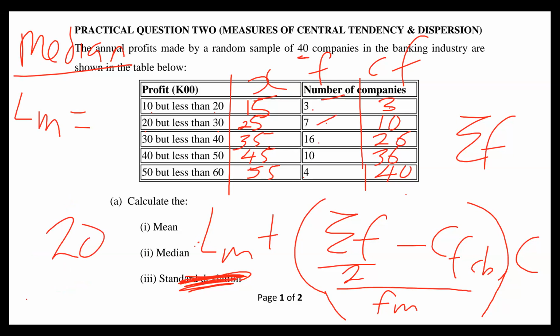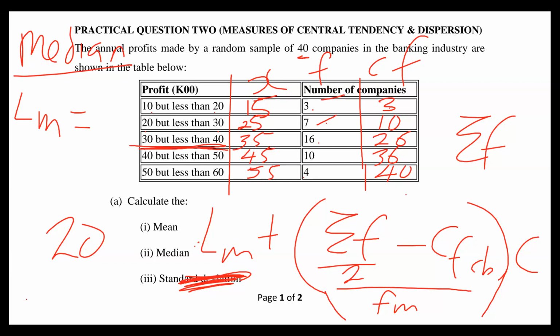So 20 is in which class? It is in the class between 30 and 40. Are people following? So the median is in this class. This is the median class. We have established what the median class is.